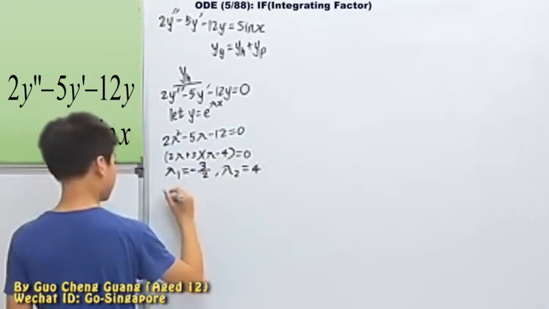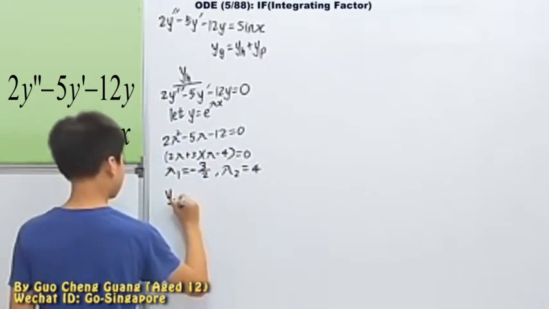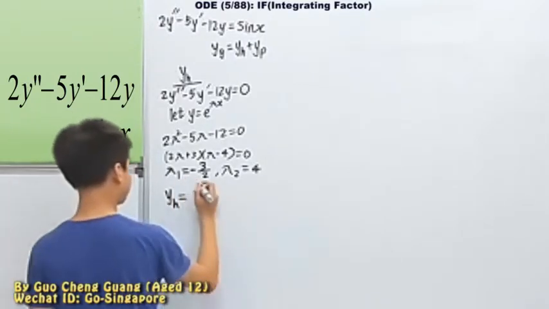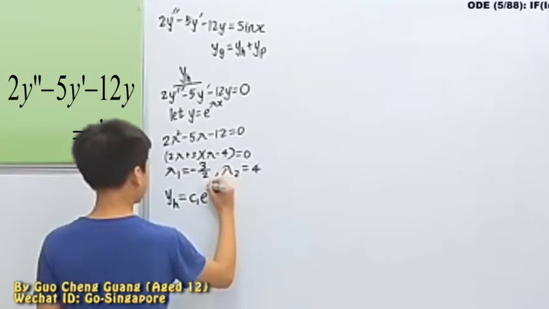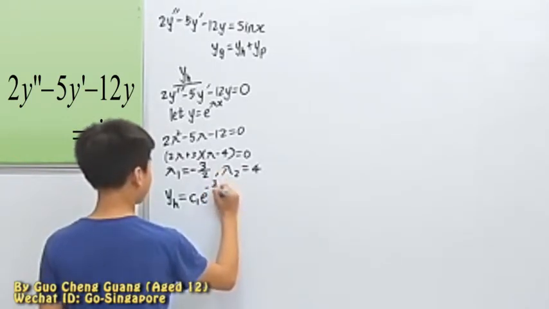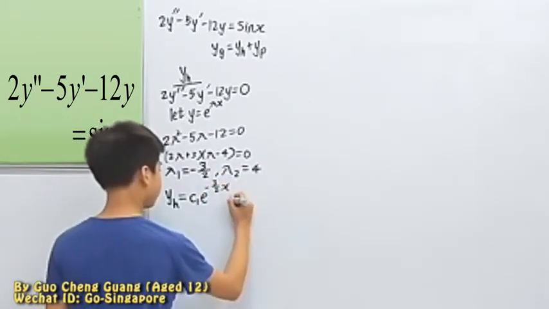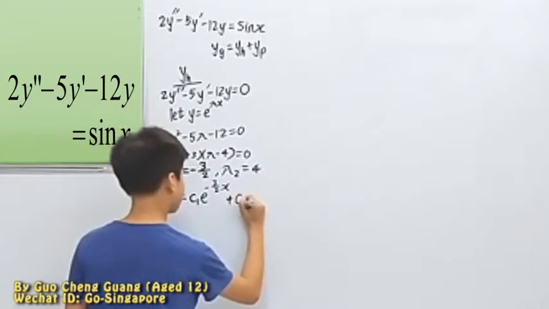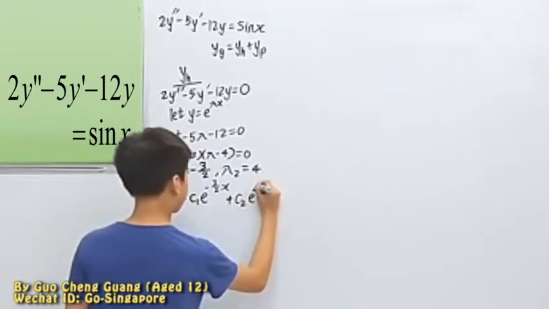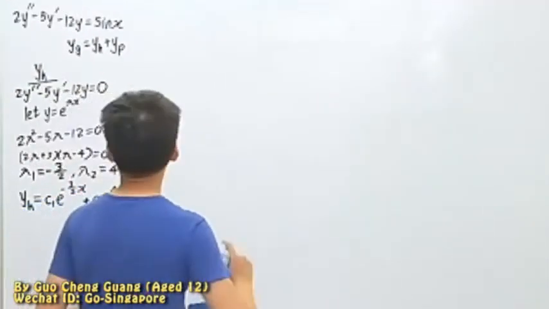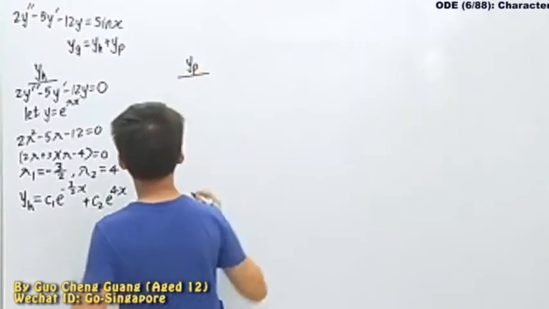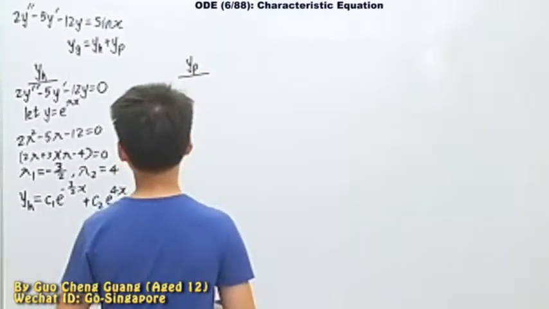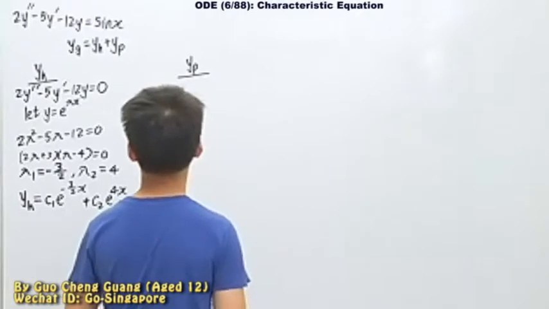So the homogeneous solution would be C1 e to the power of negative 3 over 2 x plus C2 e to the power of 4x. Right now we can start finding yp, the particular solution for the non-homogeneous differential equation.